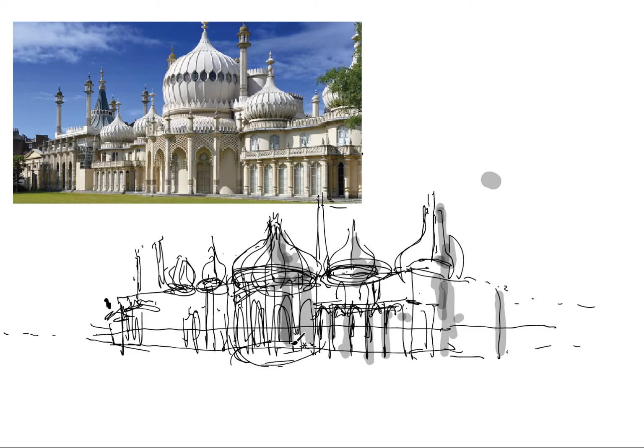It just happens that there is this light catching these columns through here, and then again we've got shadow over here. We've got shadow over here.